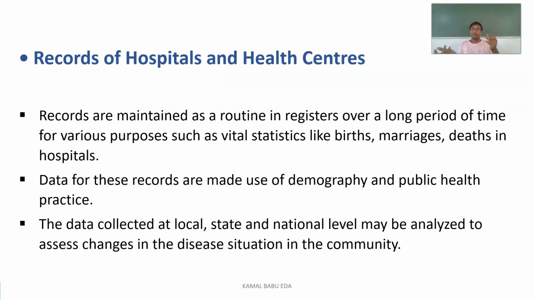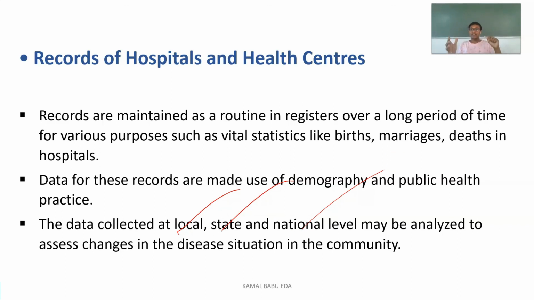Next, records of hospitals and health centers. As we have seen earlier, they maintain the birth records, the marriage records, and the death records in the hospitals, and this data is also used for demography and public health practice. This data is mainly collected at local, state and national level, and it is analyzed to assess the changes in the disease situation in the community.